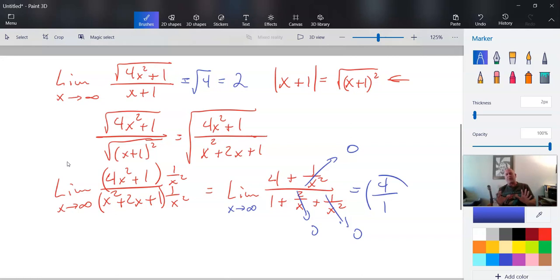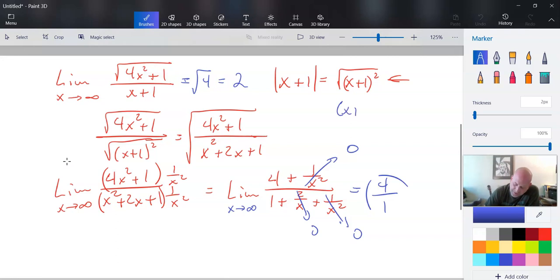So I want to walk through and point out what I did here. Keep in mind, this trick is really, really handy. I needed to get this denominator inside the root. And since it was a square root, I decided that I could just square it and put a square root on it, because when it simplifies, it comes back down.